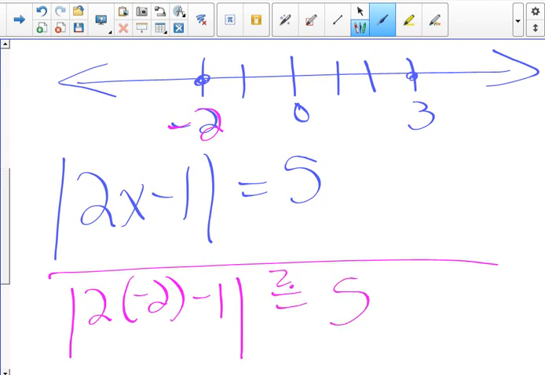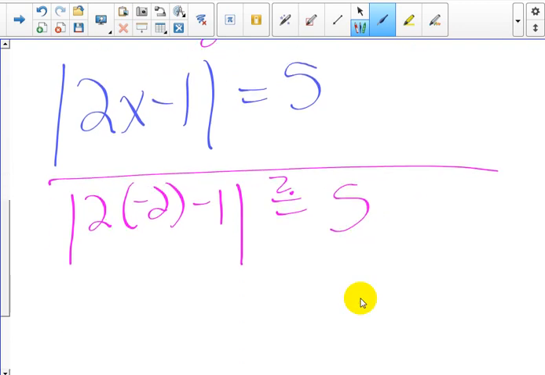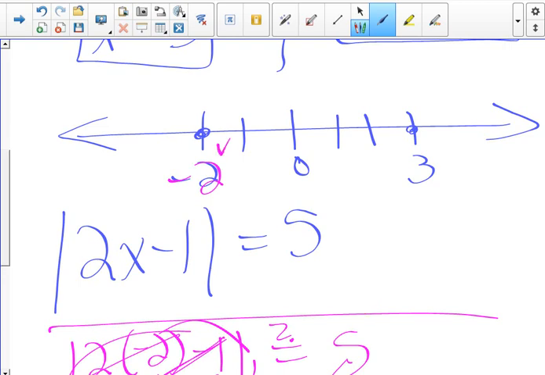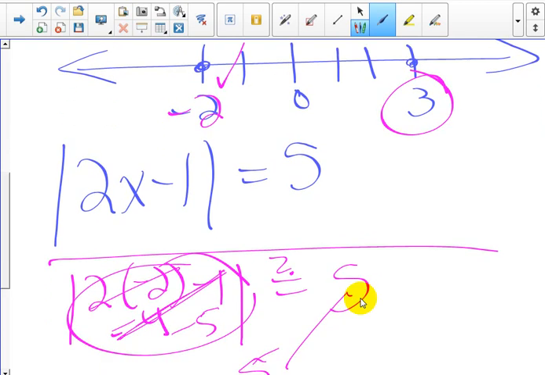And does it equal? Don't forget your question mark because we're checking. So that's going to be a negative 4. Negative 4 minus 1 is a negative 5. Well, absolute value of negative 5 is 5. So 5 does equal 5. So yes, negative 2 checks out. So he's good.